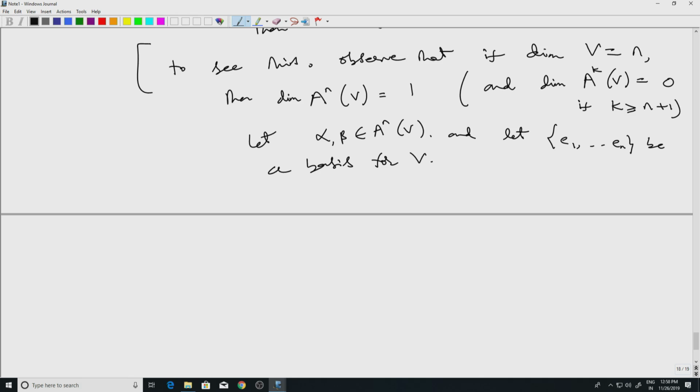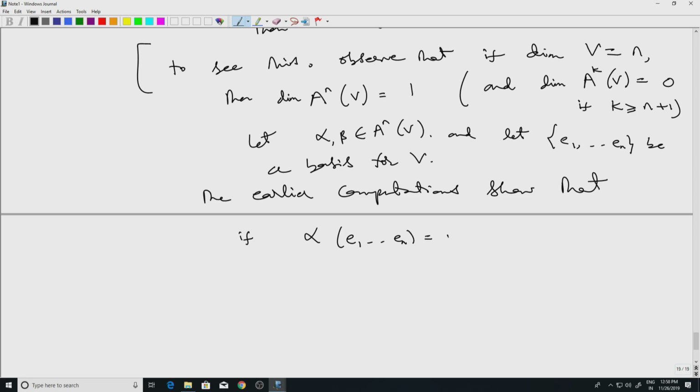So I want to claim our earlier calculations show that if alpha(e1, ..., en) equals beta(e1, ..., en), then alpha is equal to beta.